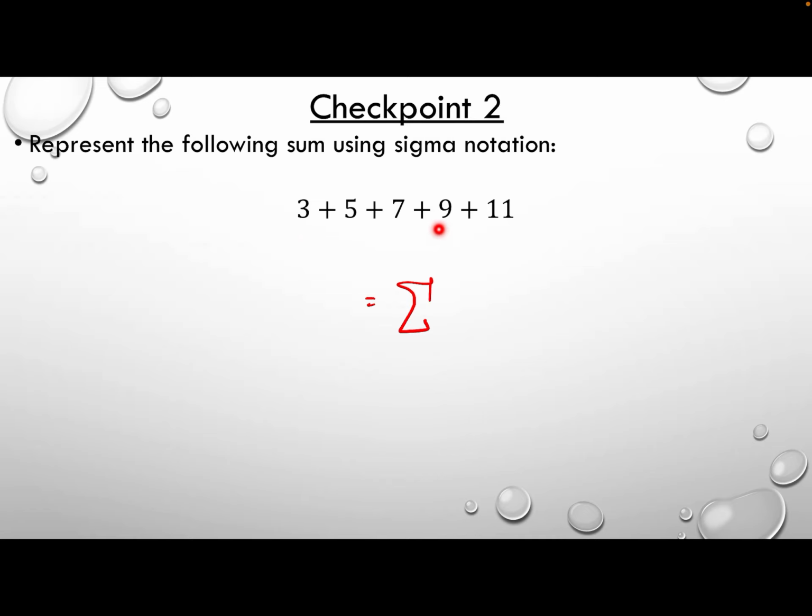Well, not exactly. We have to use the knowledge that we gained from the previous section of our unit, which is this idea of sequences. So if you just ignore the fact that this is a series, that this is a sum, if you just look at the terms, 3, 5, 7, 9, 11, what kind of sequence is that? If you said arithmetic, you would be correct.